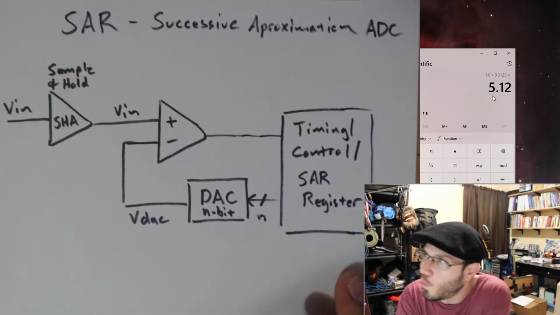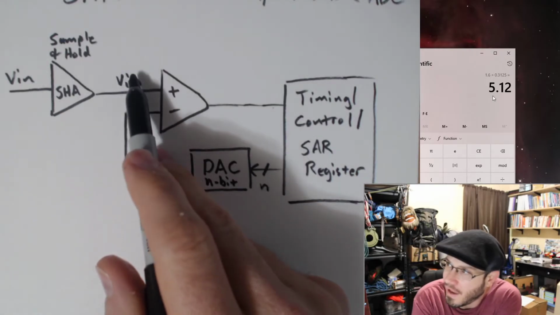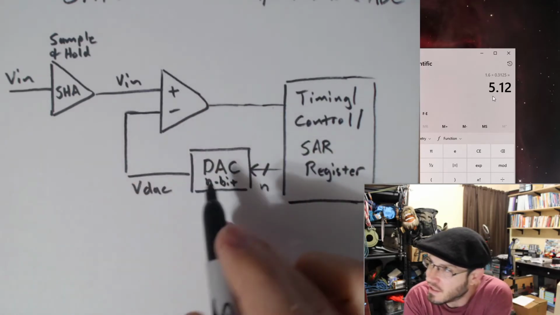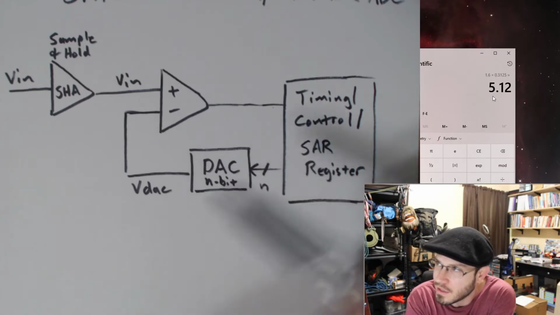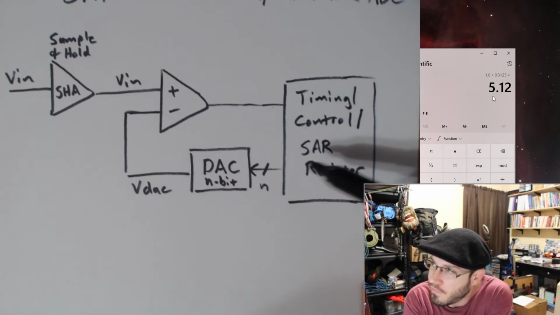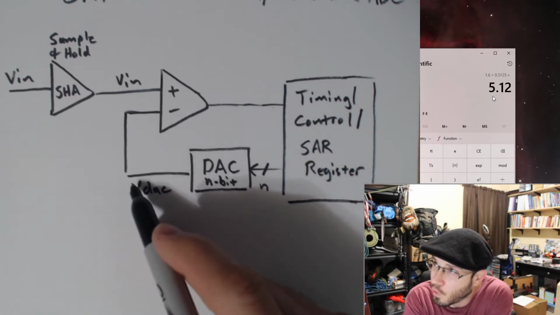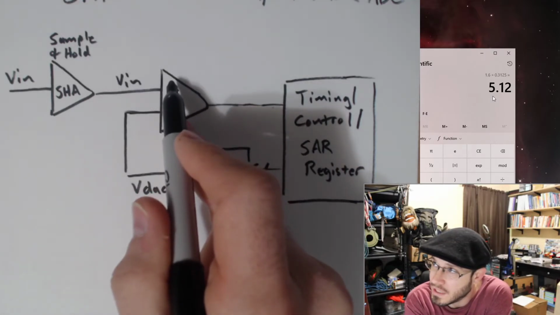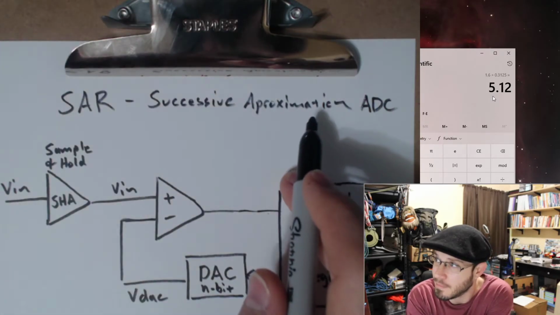And so what we are going to do is take whatever analog value we have coming in, and test it against changing values of our digital analog converter. So over here, we're going to feed this some digital values, and we're going to get some voltage coming out of our DAC, and we're going to compare that to our incoming voltage, and search for which is the closest one, hence successive approximation.